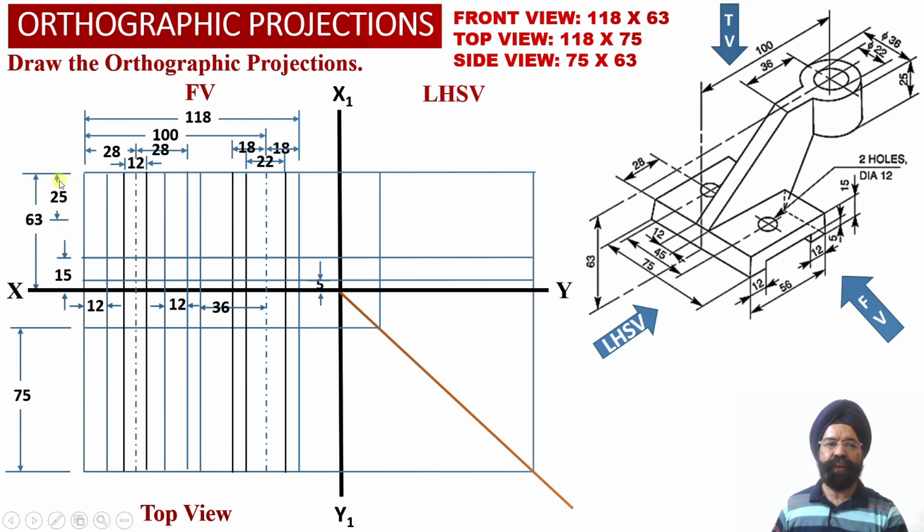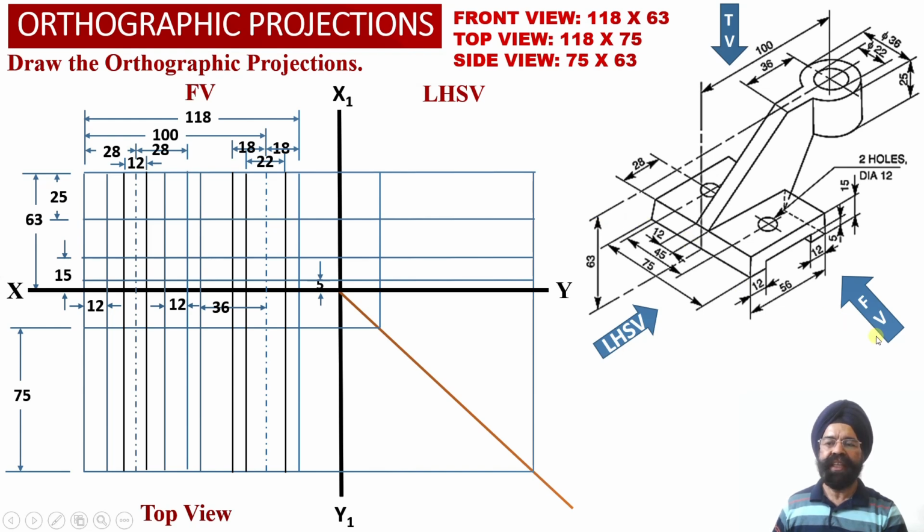So now we are going to mark a distance of 25 millimeter below the top surface of the solid, and we are going to obtain a horizontal projector line into the front view projections, and we are going to extend this horizontal projector line into the left hand side view projections over here. So this way the grid structure corresponding to the various elements of the solid alongside the width and alongside the height has been determined over here.